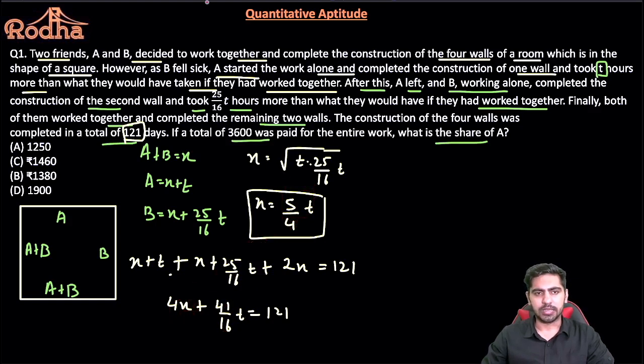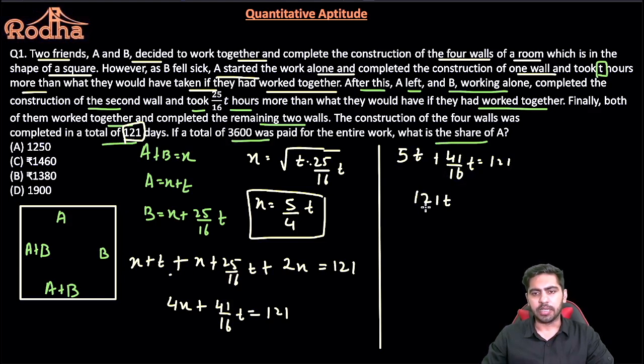So 4x is nothing but 5t, because 5 by 4t is x, plus 41 by 16t is equal to 121, right? So this value will come out to be 121t by 16 equals 121. So 121 and 121 are cancelled. So from here, the value of t is 16.